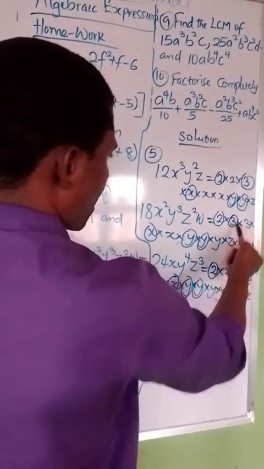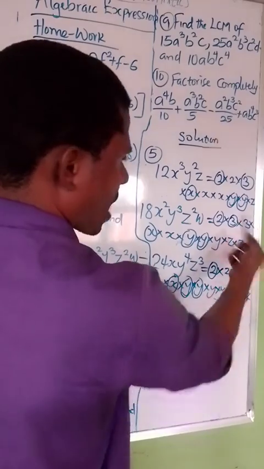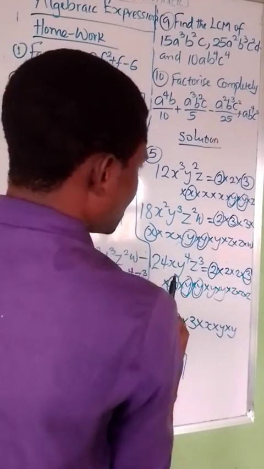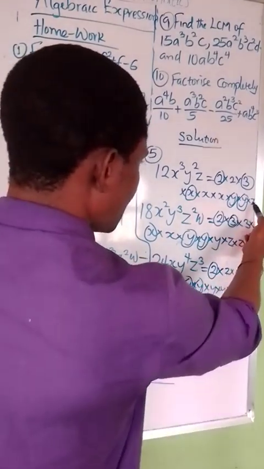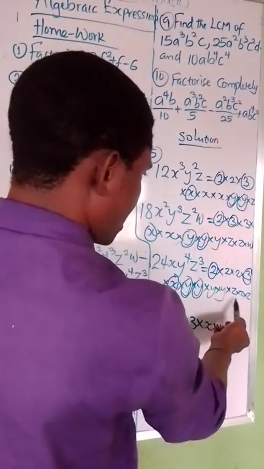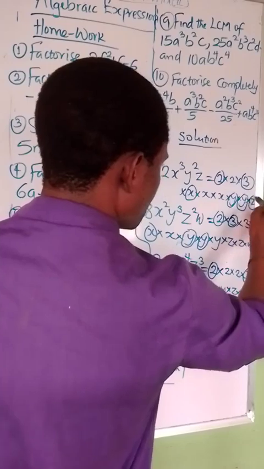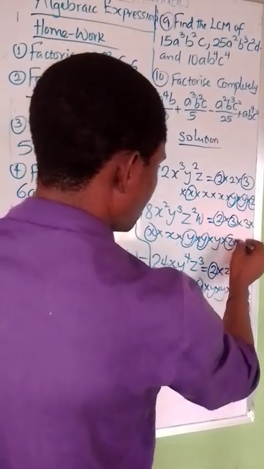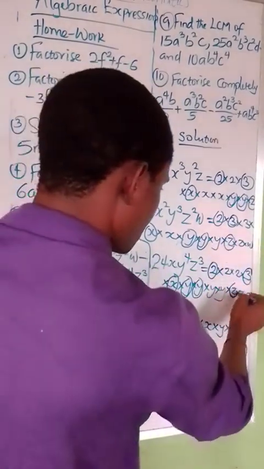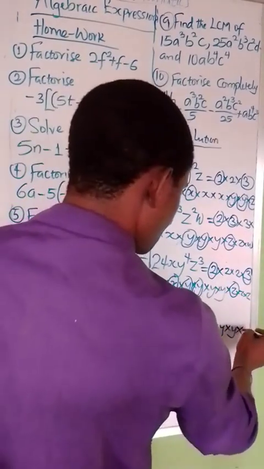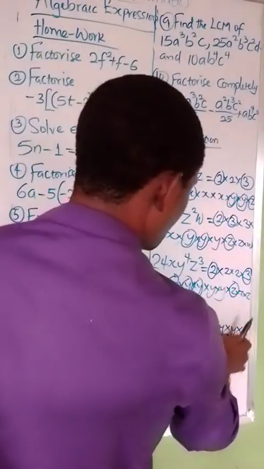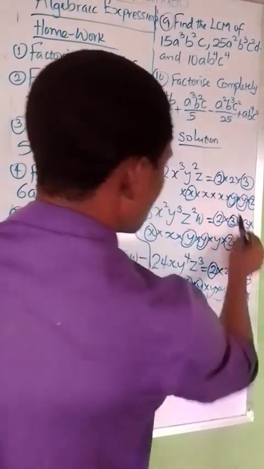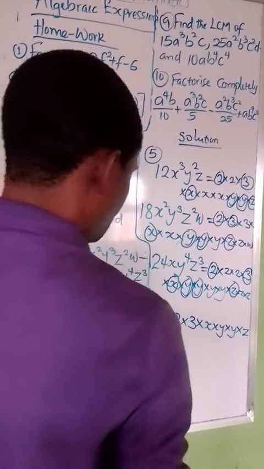There is no more y here, so we can't pick y again. Let's look at z. Yes, there's z, so let's pick z, z, and another z. Is there any other z? There's no more z here, so that will be all.